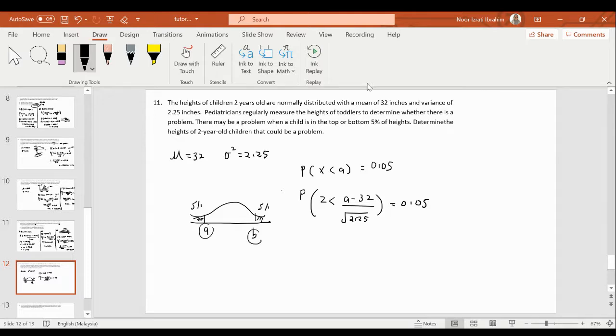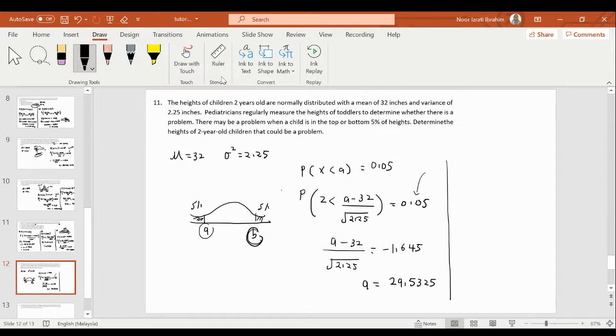From the table, the value of Z for 0.05 is negative 1.645. From there, A minus 32 over square root of 2.25 equals negative 1.645. Solve this, you will have the A as 29.5325. That is the A.